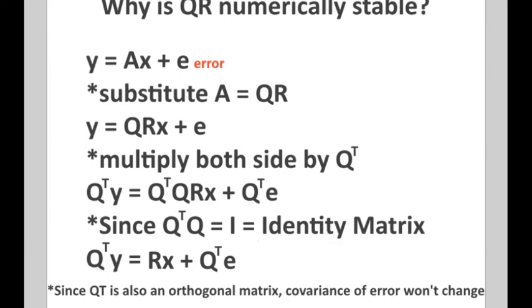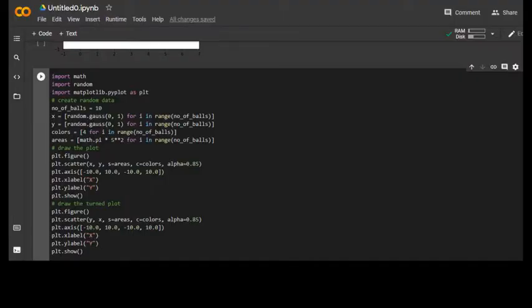To demonstrate that, I made a little script. All this is doing is generating a bunch of scatterplot points, taking the transpose of the scatterplot points, and also taking the orthonormal matrix multiplied by each point of the scatterplot.